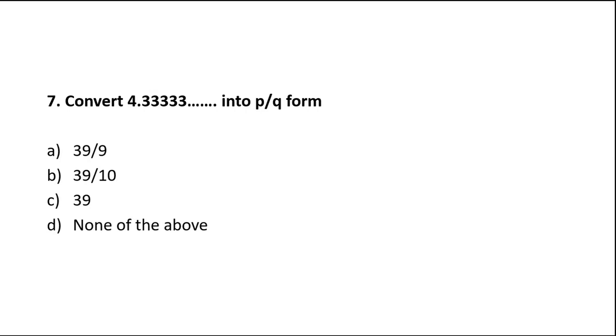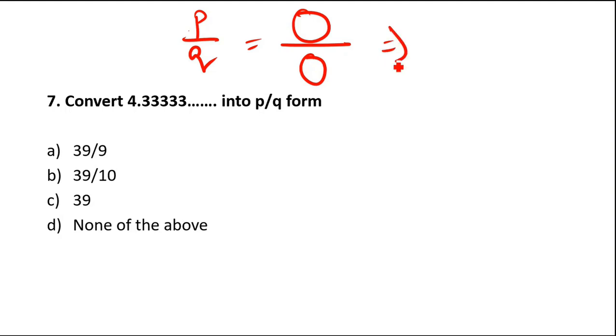P by Q form is nothing but they want you to write that decimal with respect to a fraction, numerator and denominator. That's it. Very simple. Which fraction can give you 4.33333? That is the answer. P by Q means that will be having a numerator, denominator. That calculation is equal to 4.333. So let's not go with respect to rational numbers, irrational numbers and all.